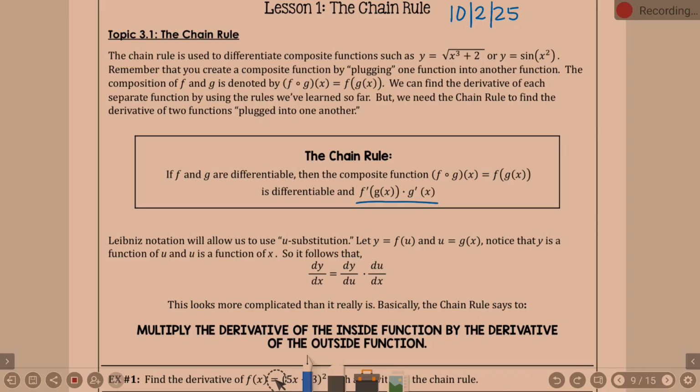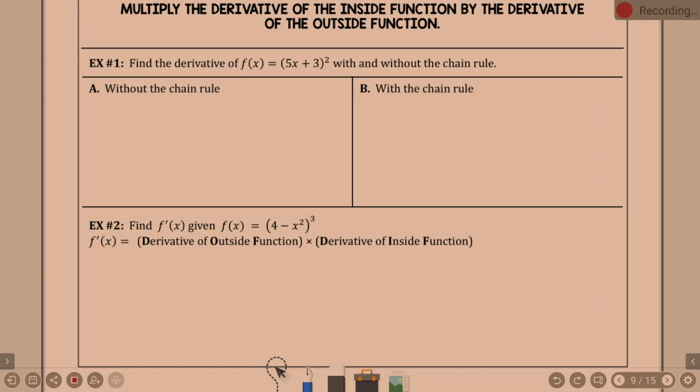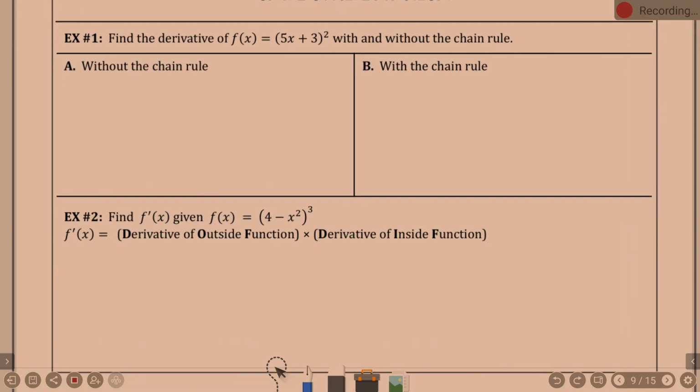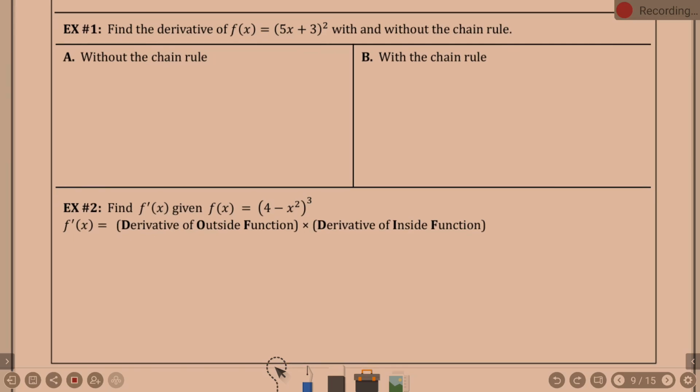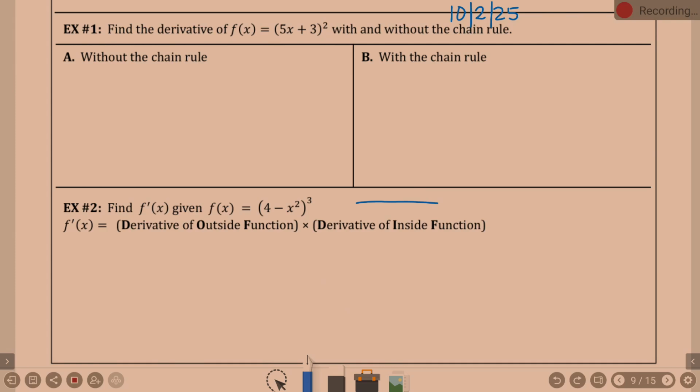So, let's look at example 1, because I can explain this as much as I want, but really, we just need to do it. Find the derivative of f of x equals (5x plus 3) squared with and without the chain rule.